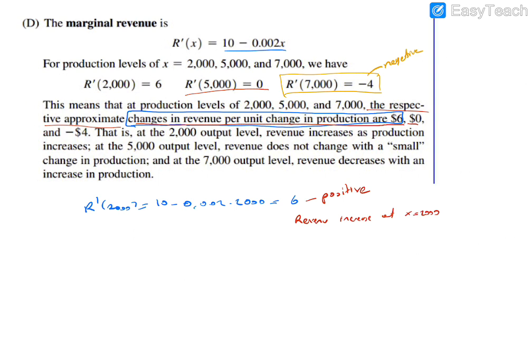Maybe we can say that fact in a different way: when production changes 1 unit, revenue decreases $4 at the 7000 output level, or revenue decreases $4 per unit change in production. This is also correct at the 7000 output level.